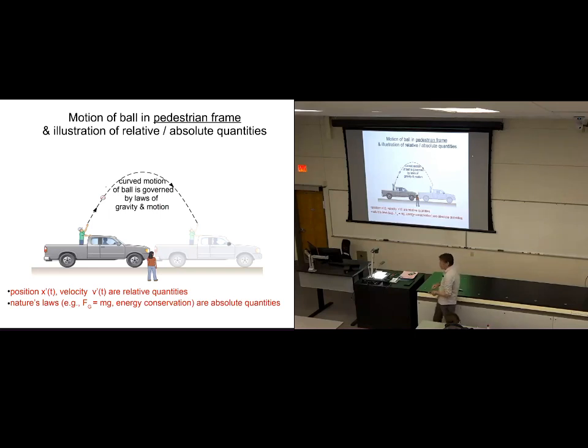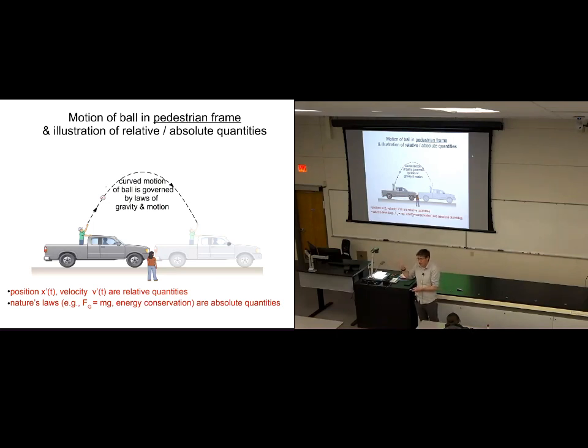However, behind the scenes, explaining that curved arc motion of the ball, the laws of physics, the law of gravity and the laws of motion, are absolute, invariant. The pedestrian sees the same laws of physics as the passenger did, and has the same explanation for the motion.